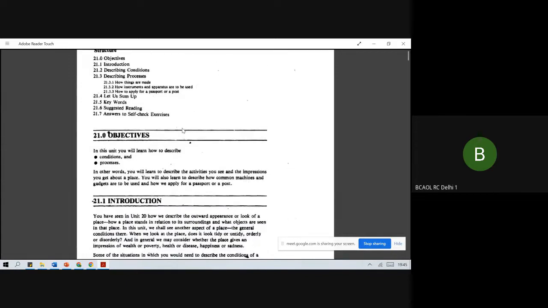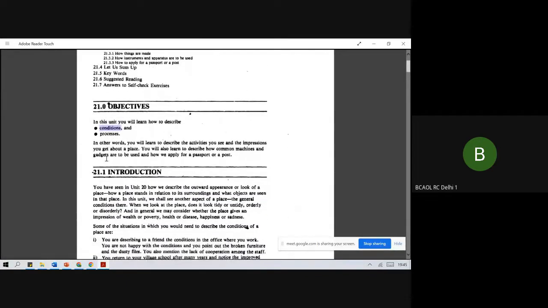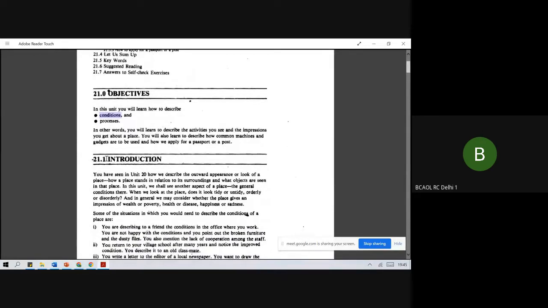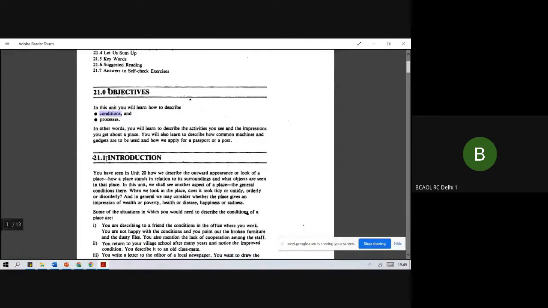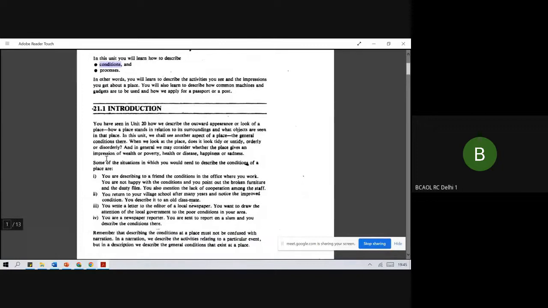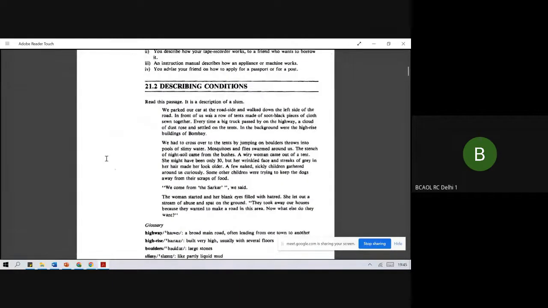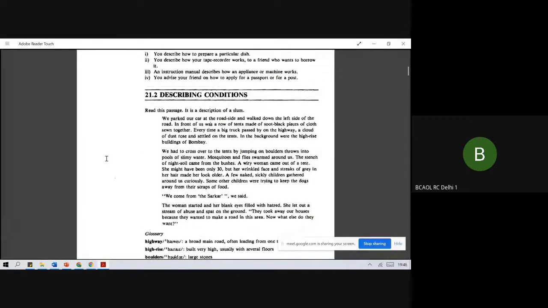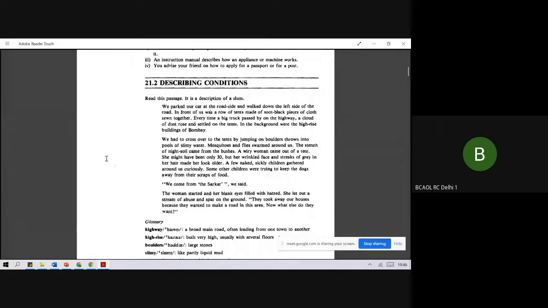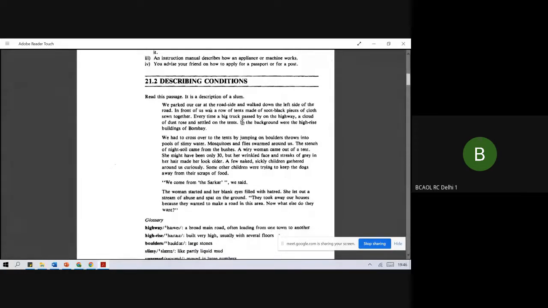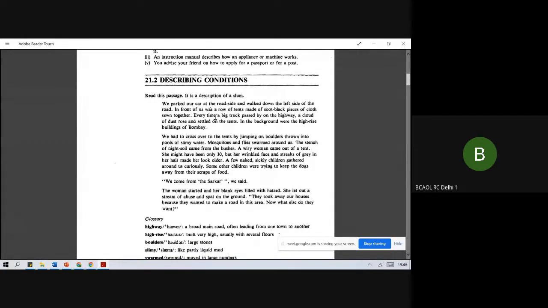It means conditions. You have to write about any procedure, like the industrial procedure of making something. It's one of the examples.